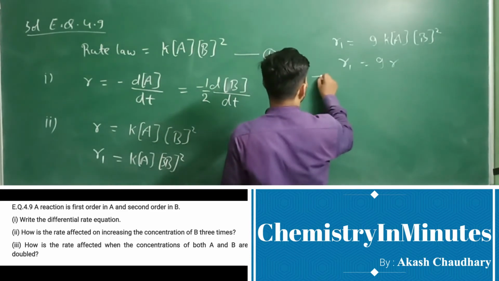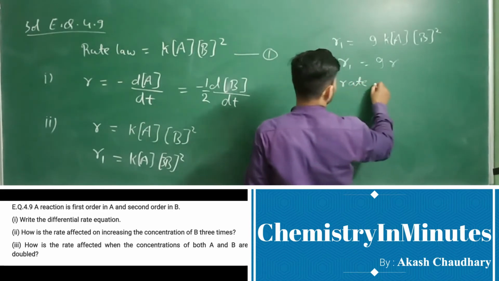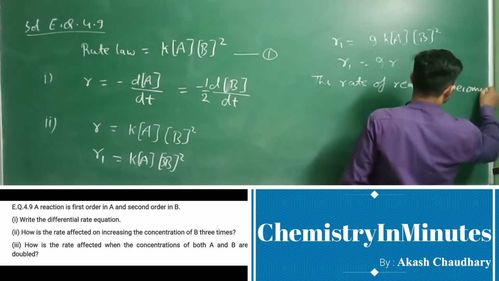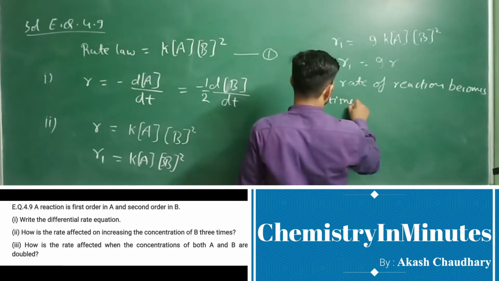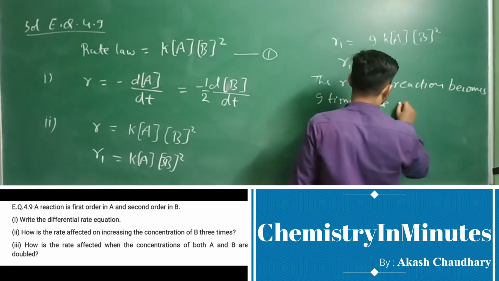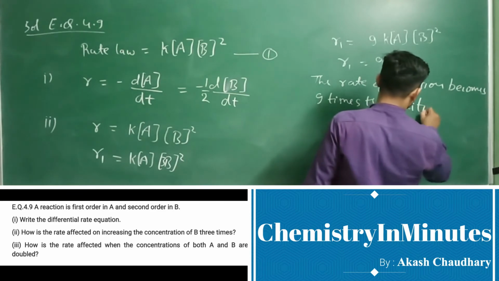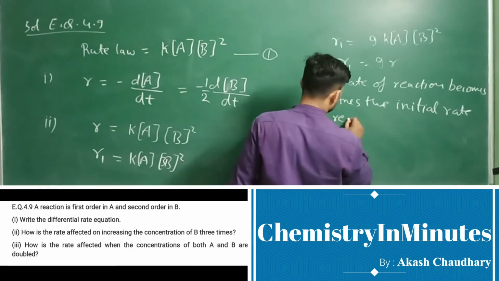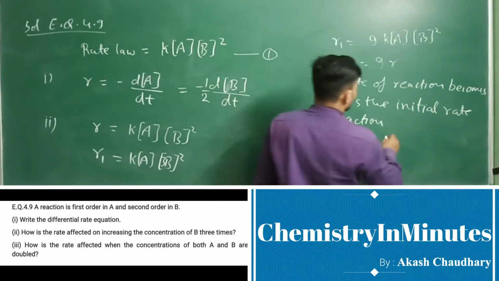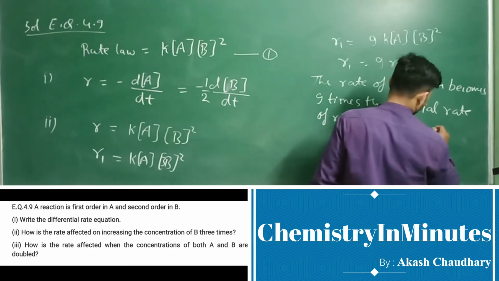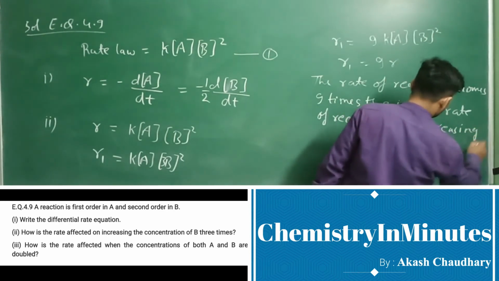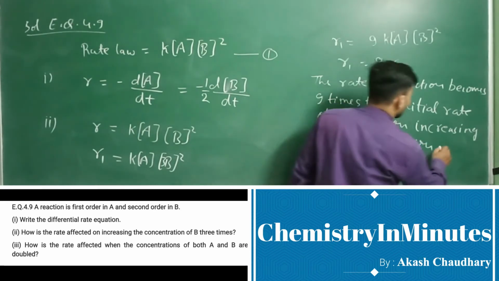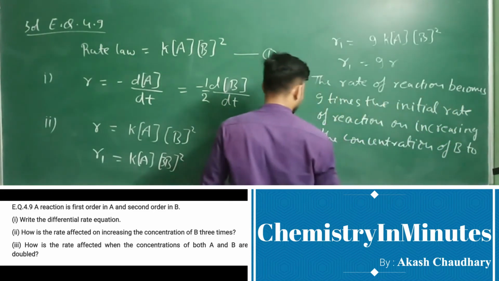So we can write the rate of reaction becomes 9 times the initial rate of reaction on increasing the concentration of B to 3 times.